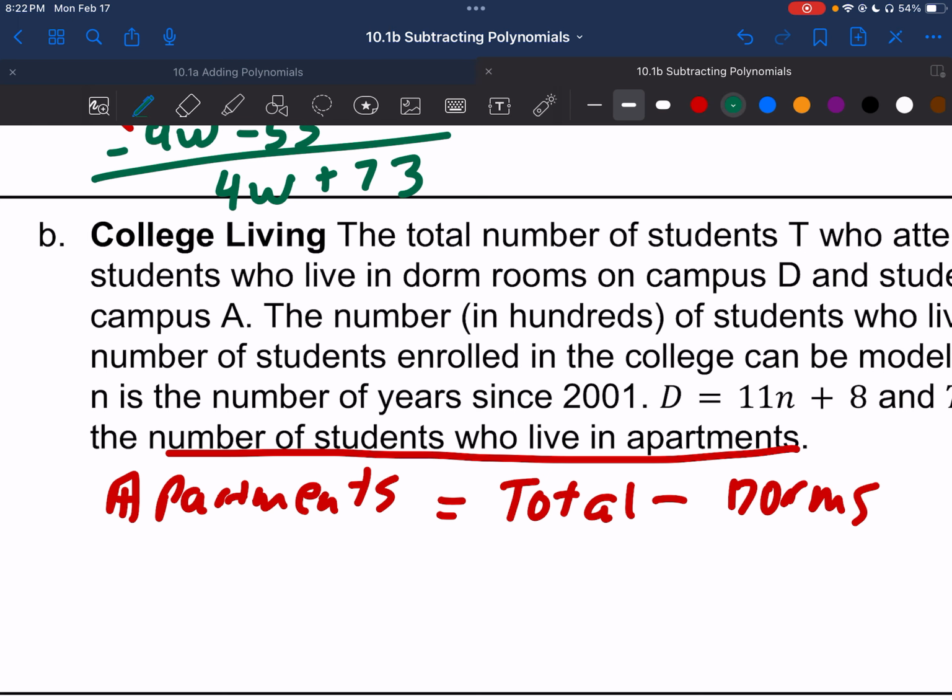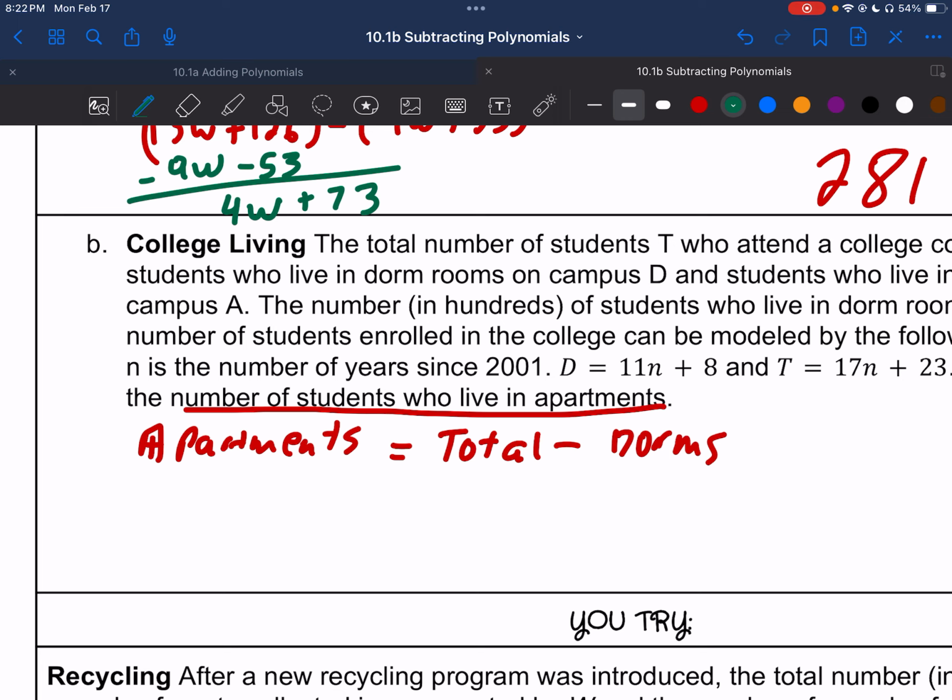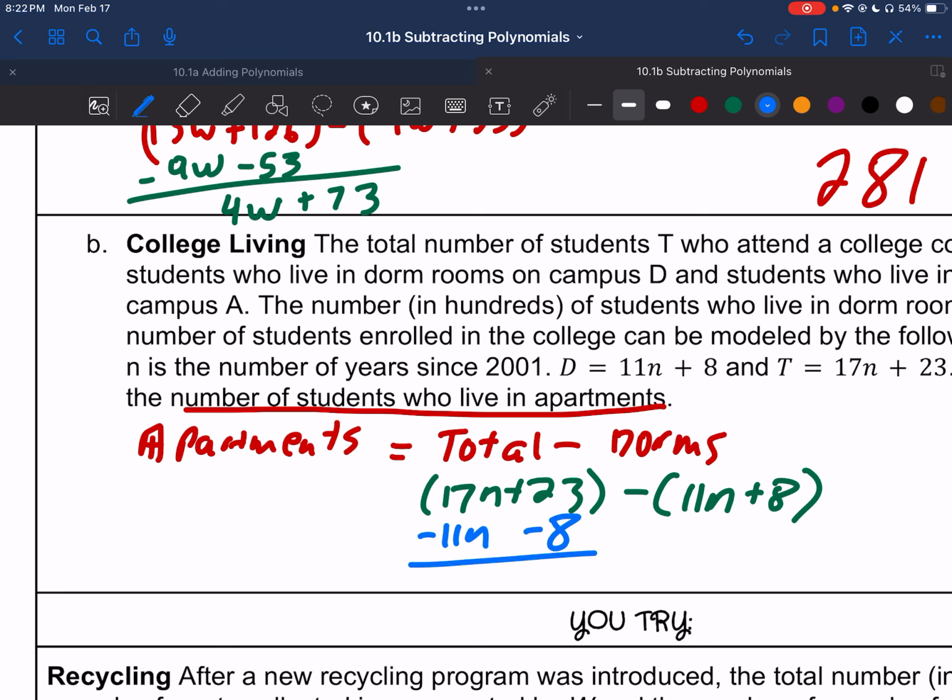So if we have an expression for total, which is 17N plus 23, we're going to subtract how many are in the dorms, 11N plus 8, and then we are going to do the work. So minus 11N and minus 8, since I like the vertical method.